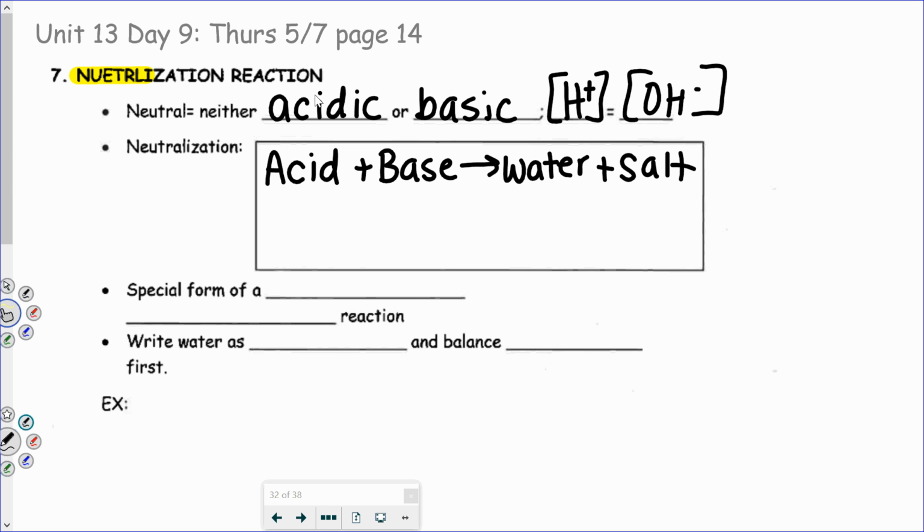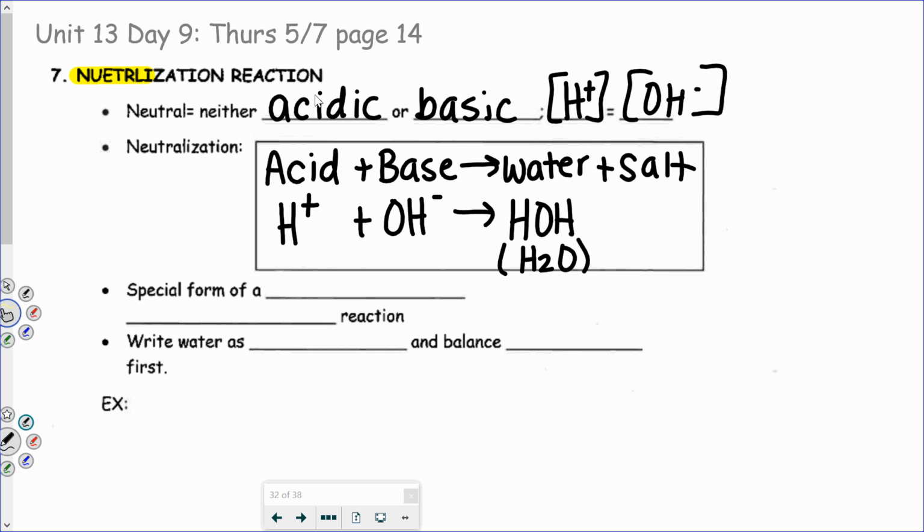Hence neutralization. And to kind of see where this is coming from, remember the ion we associate with an acid is the hydrogen ion. We associate the hydroxide ion with a base. Now, when those combine, H plus OH, you get HOH, which is the exact same thing as H2O, water.